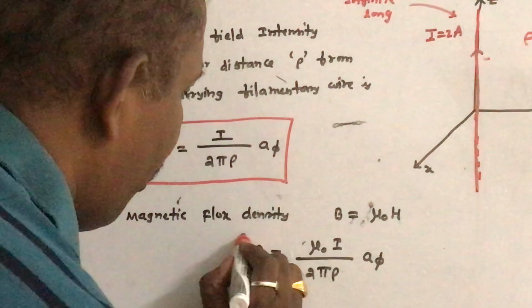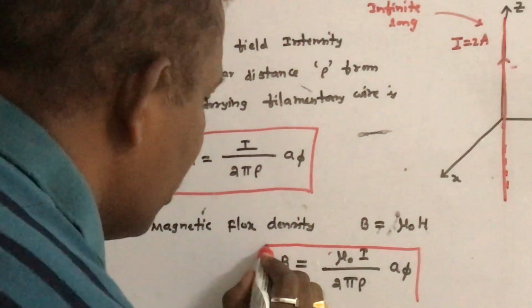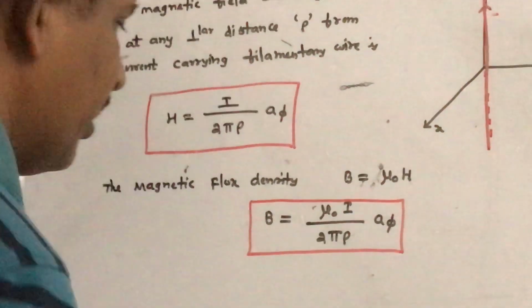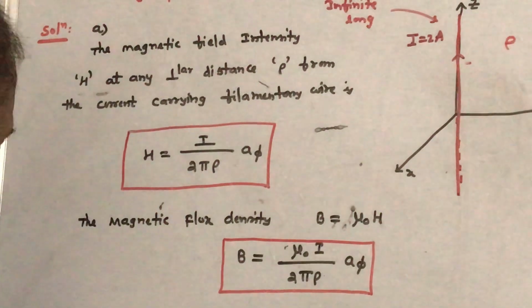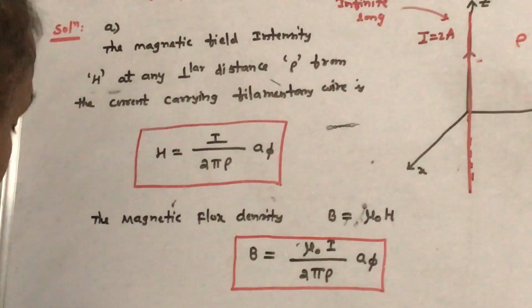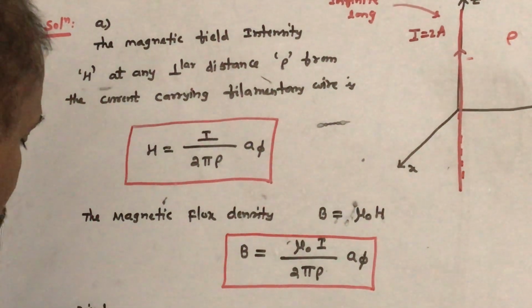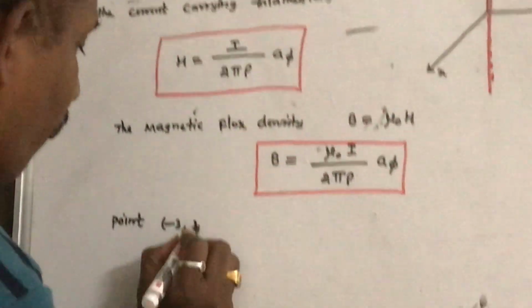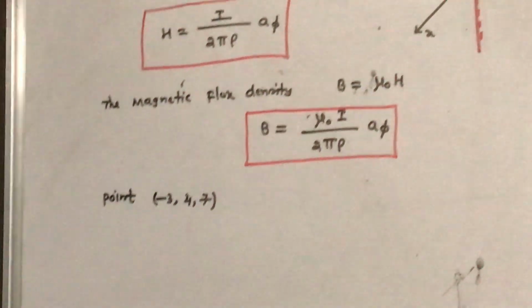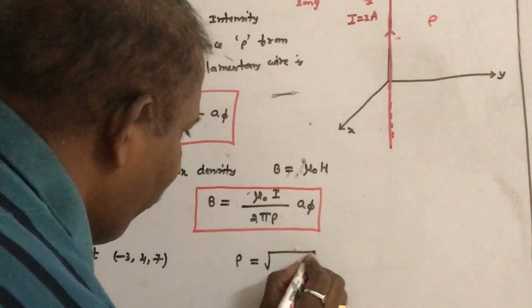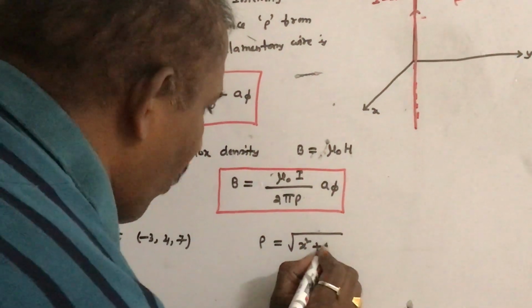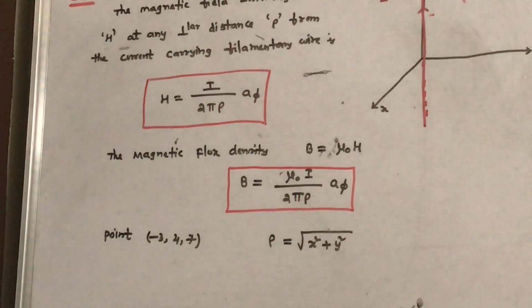Just to calculate rho in this formula, rho is the perpendicular distance. Since B is asked at a point, what is the given point? The point is (-3, 4, 7). Therefore the perpendicular distance rho is, what is the formula, the square root of x squared plus y squared in the cylindrical coordinate system.